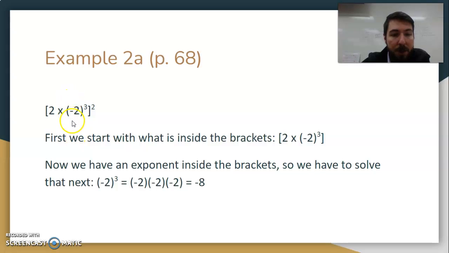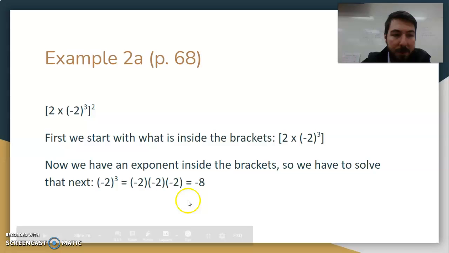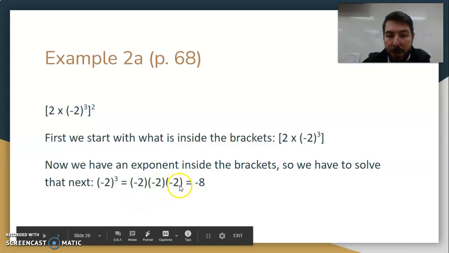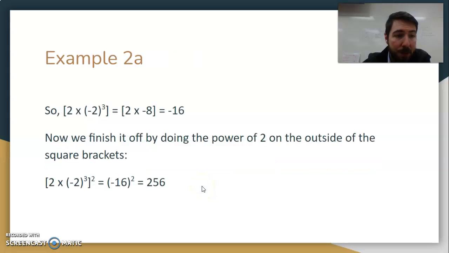So negative 2 to the power of 3 is negative 2 times negative 2 times negative 2, which equals negative 8. So inside our brackets simplifies to 2 times negative 8, which equals negative 16.